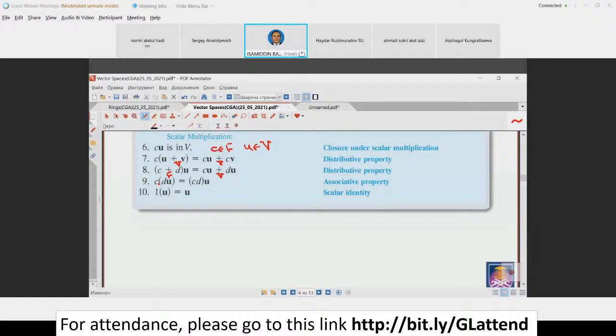Okay, then next axiom, associativity property.